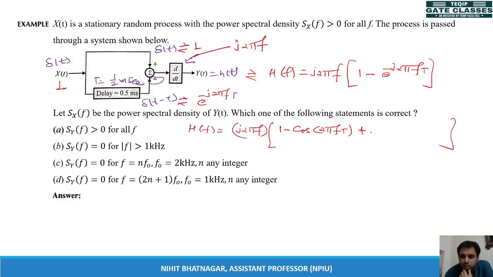This becomes plus... sine. Now taking mod h of that is equal to 2 pi.